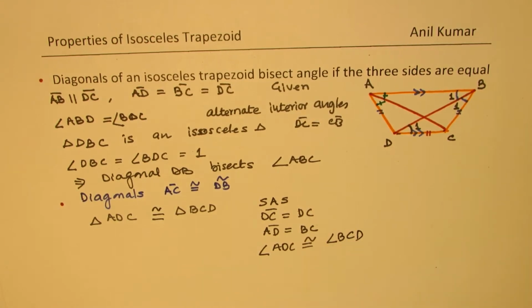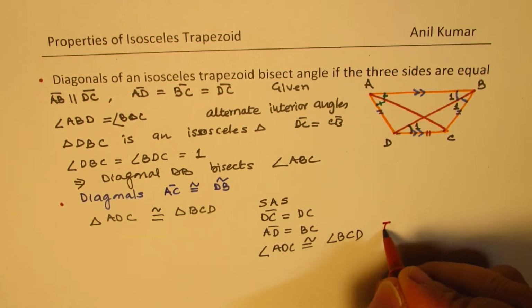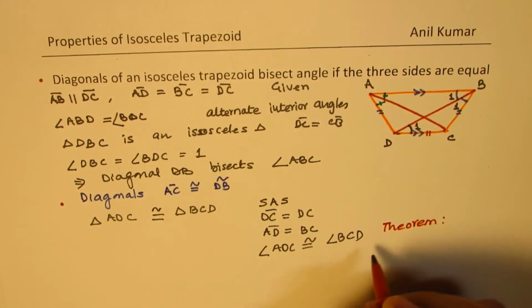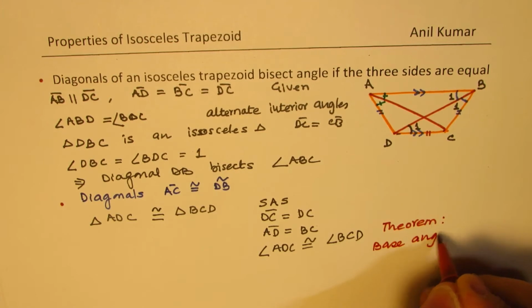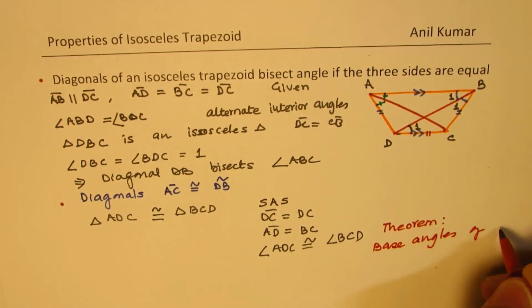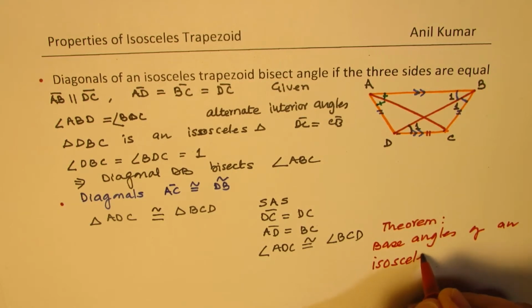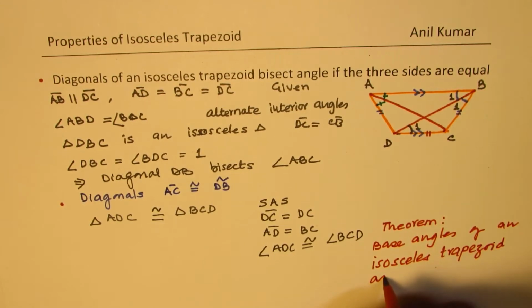Now this is a theorem which is valid for all isosceles trapezoids. The theorem states that base angles of an isosceles trapezoid are equal.